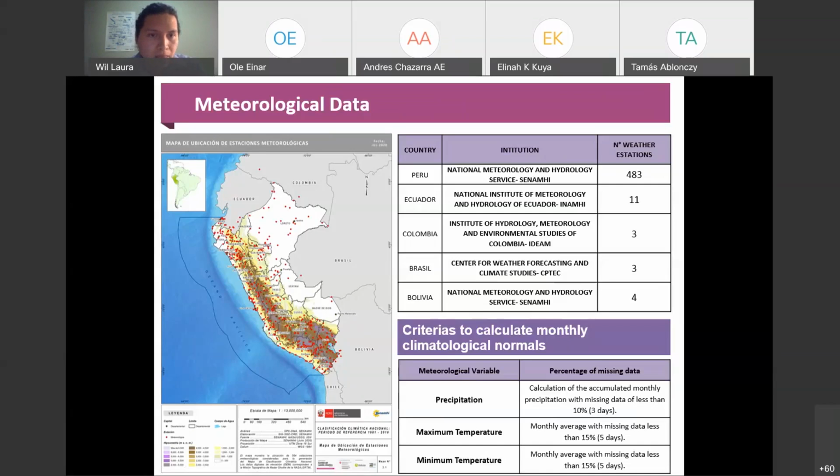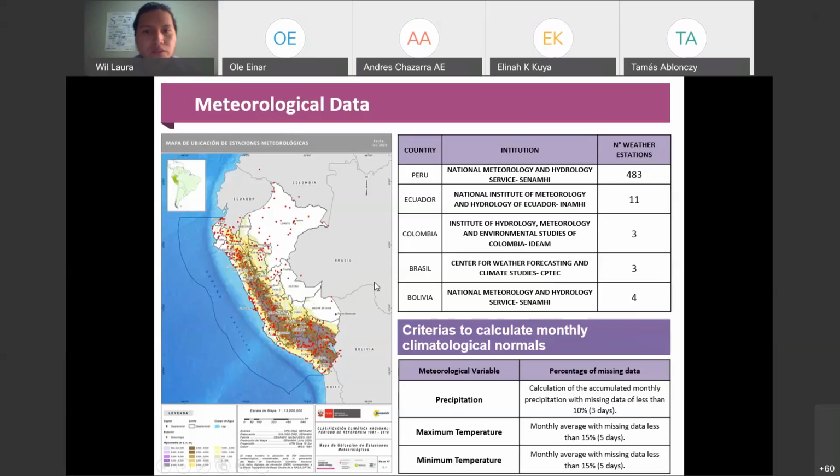First, the density of conventional stations in the east part of the country is low. And the second characteristic is that we have red points in neighboring countries like Ecuador, Colombia, Brazil, and Bolivia.